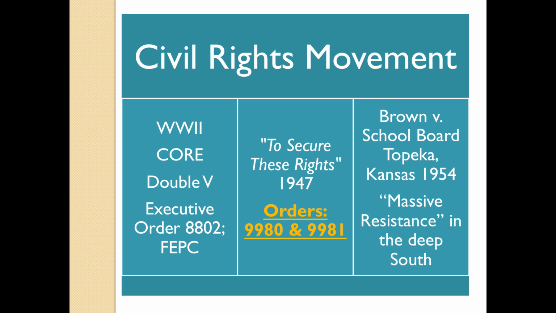And so Truman issues two executive orders, 9980, 9981. In 9980, he ends discrimination practices within federal jobs. In the federal workplace, you cannot discriminate at all. And 9981 is the integration of the U.S. Armed Forces. No longer can we have segregated troops. We have to integrate white and black into the same U.S. military.